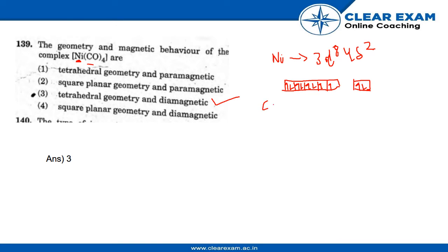So there are two unpaired electrons. Now similarly for CO, it is a strong field ligand, so the unpaired electrons will get paired.